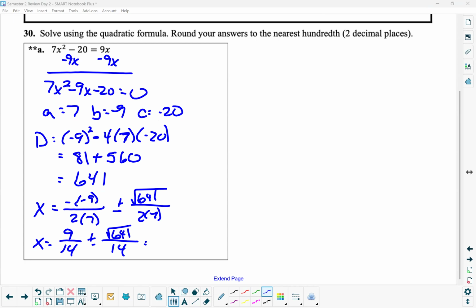So 9 divided by 14 plus the square root of 641, arrow out of there, divided by 14. Make sure you arrow out or the division is going to be underneath the radical. That's not what we want. And it says 2.451. That 1 tells me take that 5 and leave it alone. So 2.45 is one of my solutions.